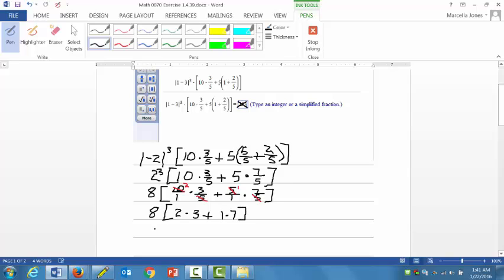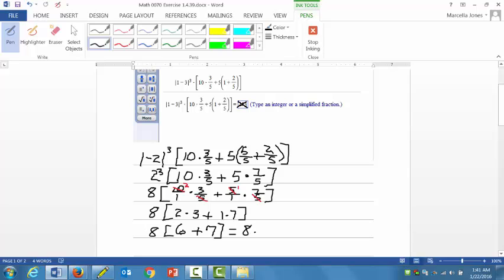So I want to complete the products inside the grouping before I do the addition. So 2 times 3 is 6. 1 times 7 is 7. So this is actually 8 times 13.